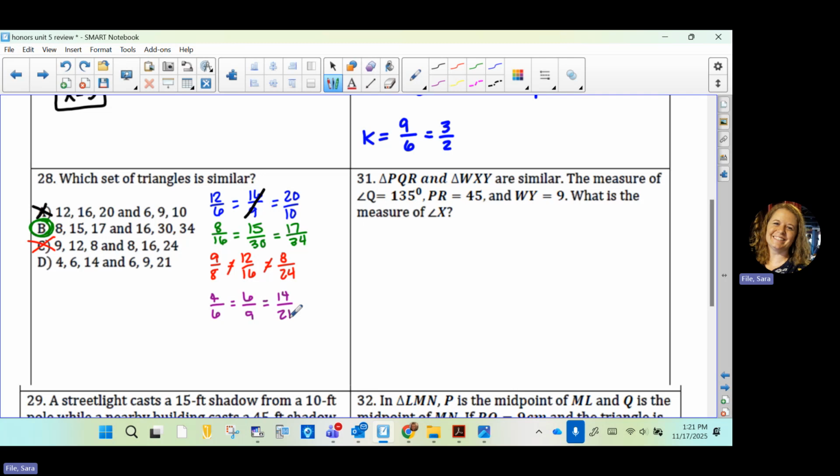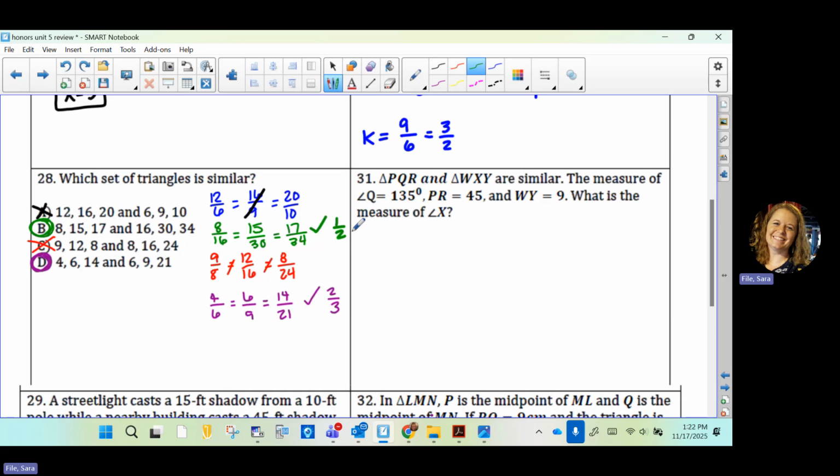So this one also checks out. And again, guys, you get your scientific Desmos, so you can use that to check these and just check they're all the same decimal, whatever the ratio is. So that one checks out because they are all 2/3. B checked out because they were all 1/2. Good.